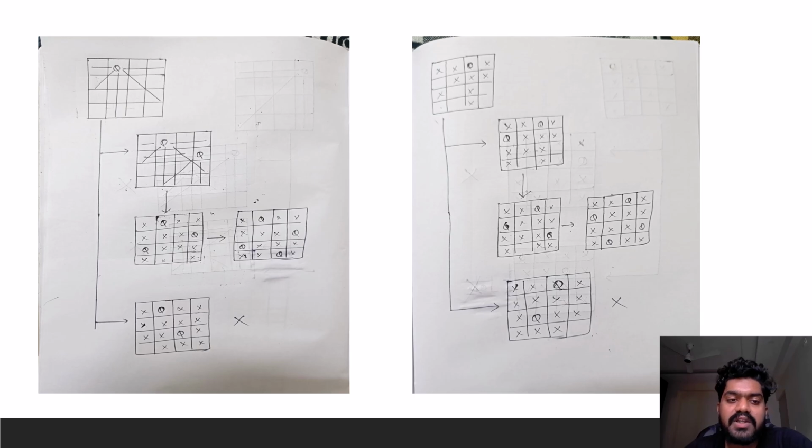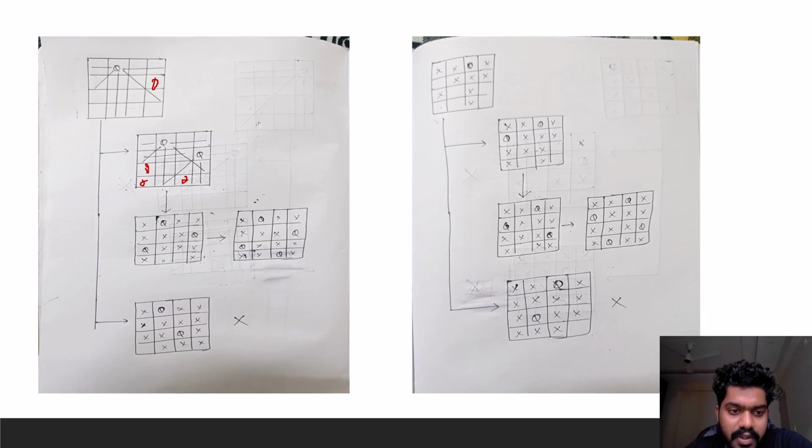Putting a queen in the first row, second column. These are the places ruled out, and I have only one place in the second row, sorry. When I put a queen in the second row, I am left with 3 places: 1, 2, 3. Okay, I'll put a queen in the third row, first column.